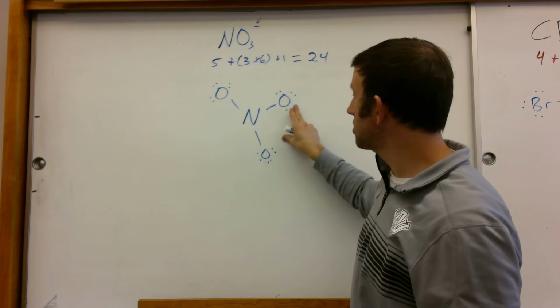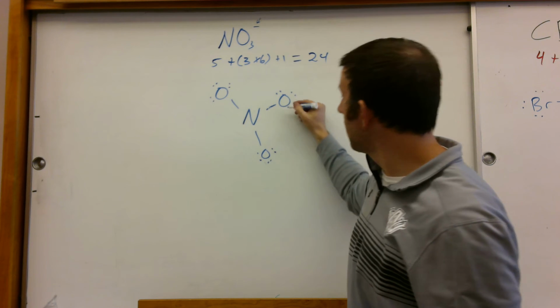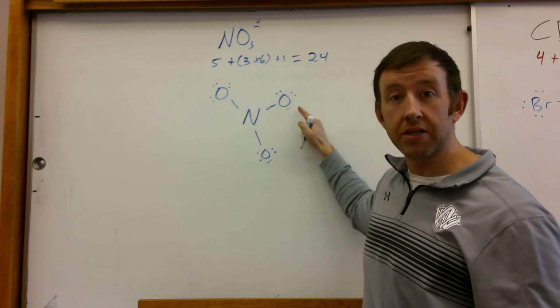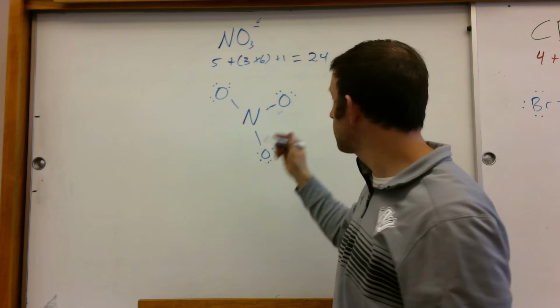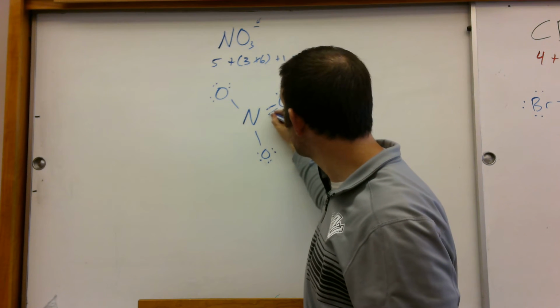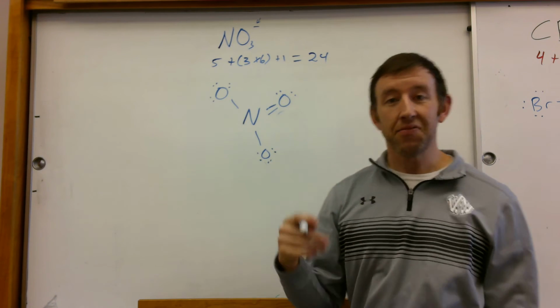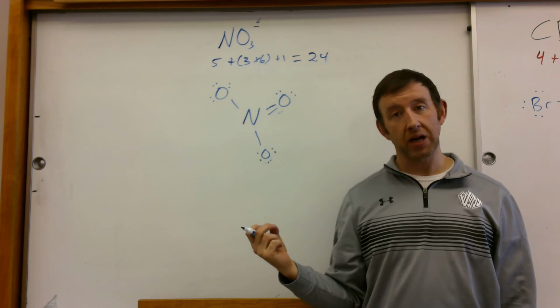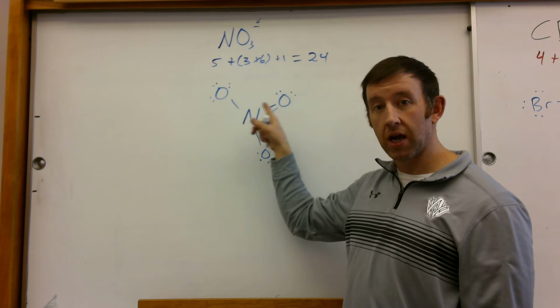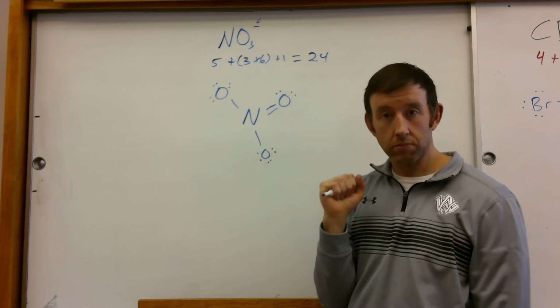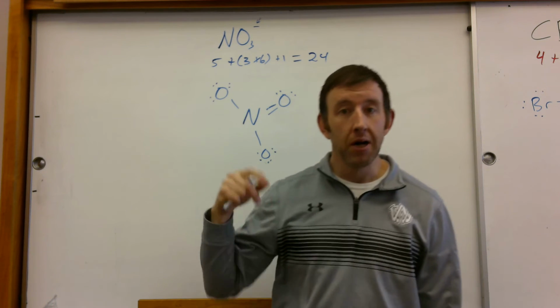All right? So I'll just pick this one. All right? Now, to make my double bond, right, I'm going to take one lone pair, erase it from existence, and turn it into a bond. So, in fact, the nitrate polyatomic ion has one double bond to one of the oxygens, and then 2 single bonds. Okay? That's what that looks like.